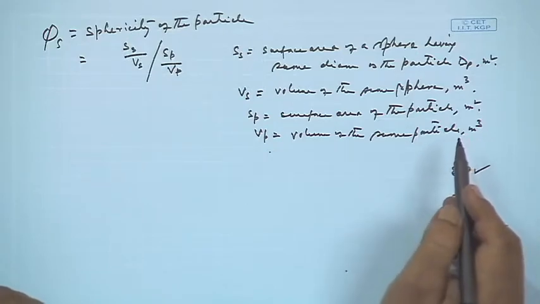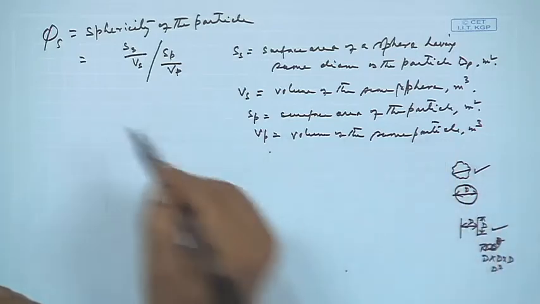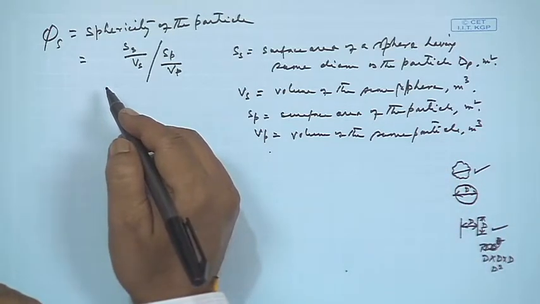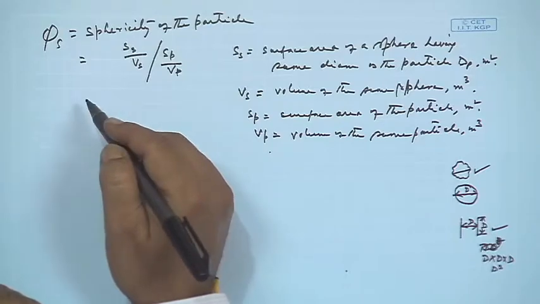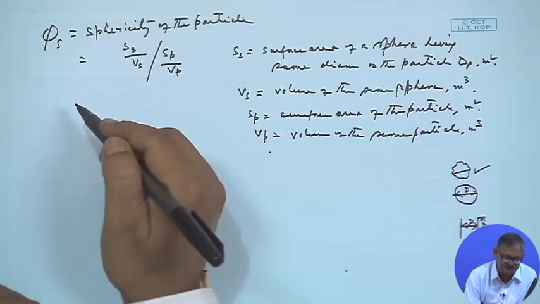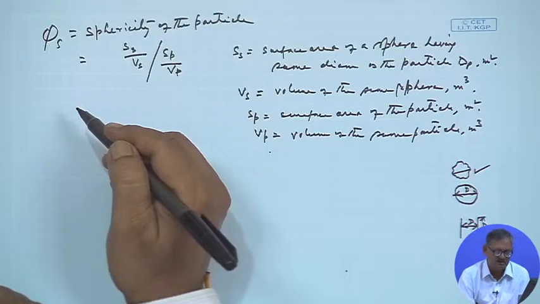Now, for fine particles, dp is the sieve analysis diameter or nominal diameter, right?